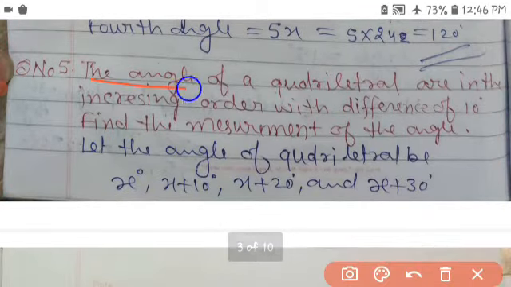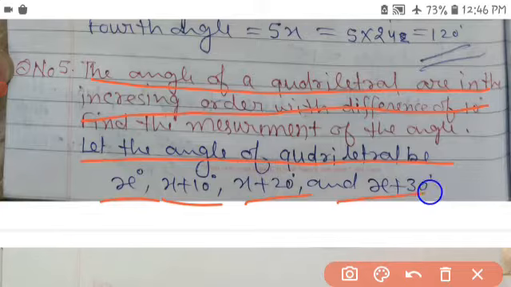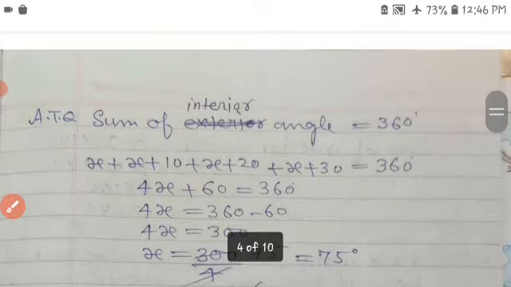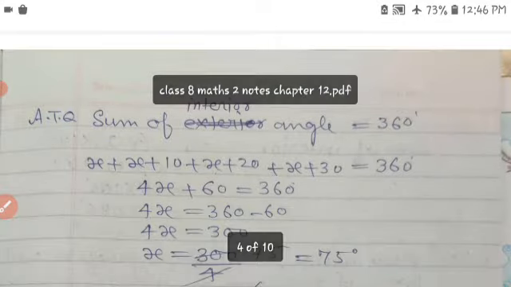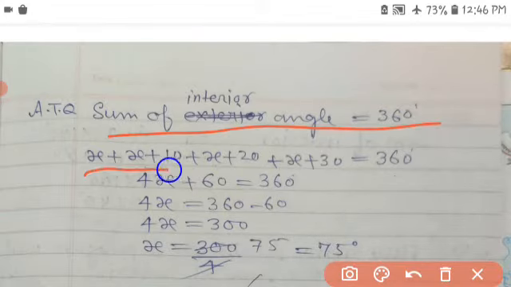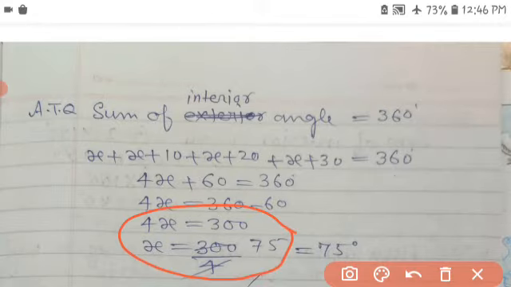The angles of a quadrilateral are in increasing order with a difference of 10. So let the angles of the quadrilateral be x, x plus 10, x plus 20 and x plus 30. Now the sum of the interior angles is 360 degrees. 4x plus 60 equals 360. 4x is equal to 360 minus 60, which is 300. 300 upon 4 is equal to 75.